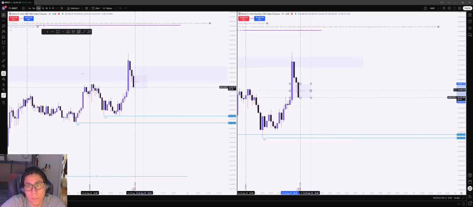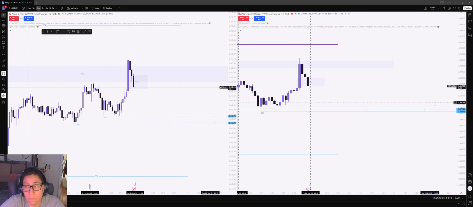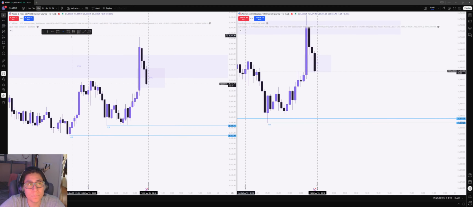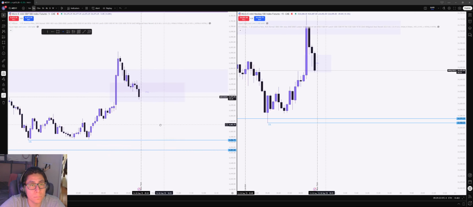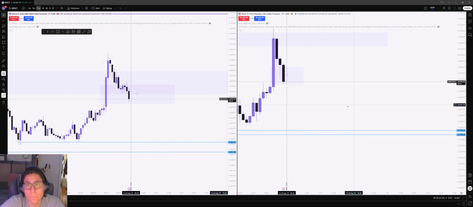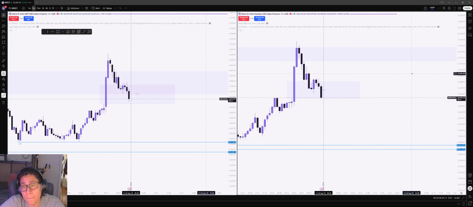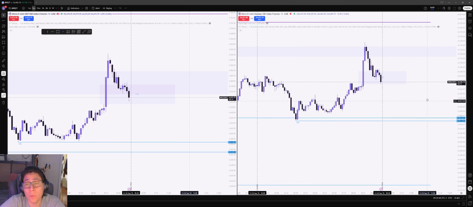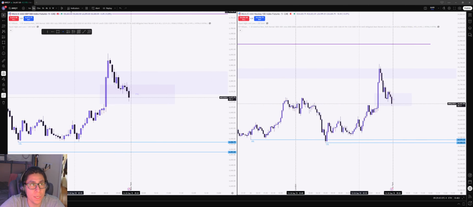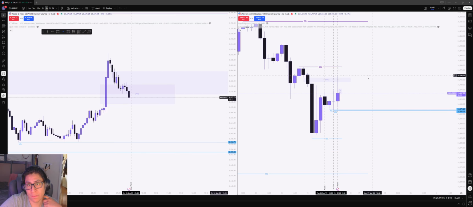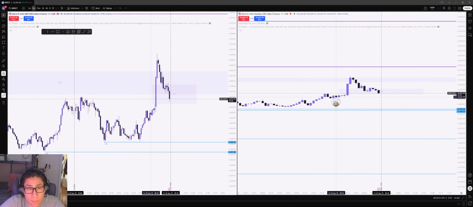I see these hold, unless we want to reverse, of course. But once again, my bias is pretty bearish today, especially after tapping into this fair value gap up here. So I'm looking for sells today, I think.